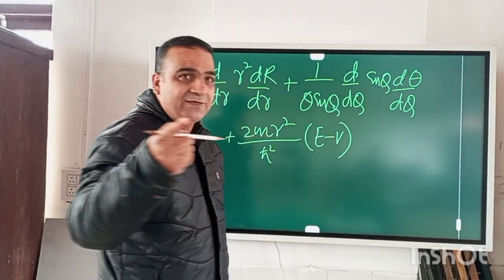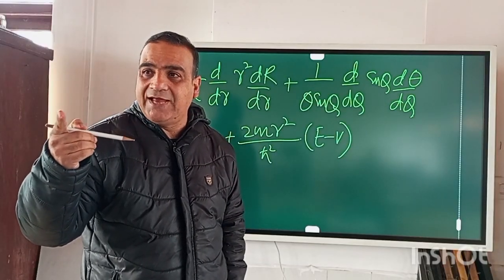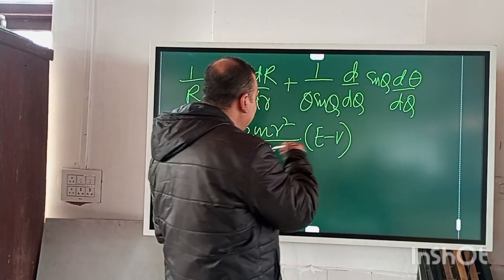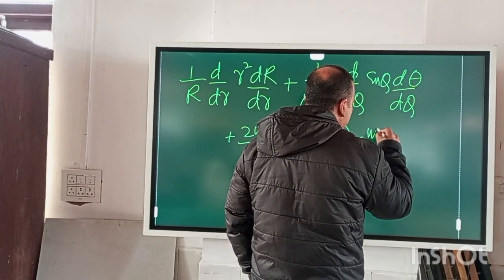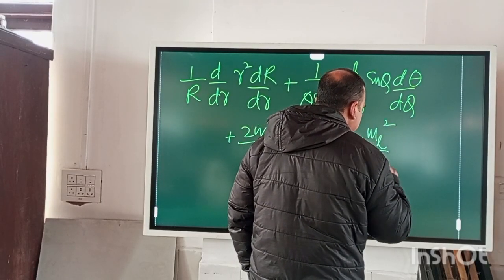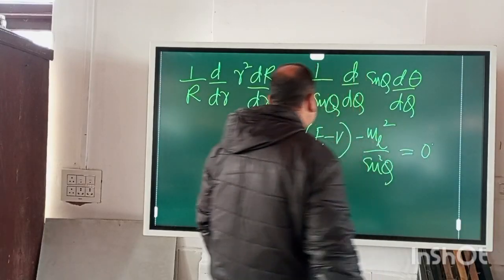And what is equal to ml square? But I have divided that ml square also by sine square theta. I will shift that to the left hand side, so that will become minus ml square by sine square theta is equal to 0.